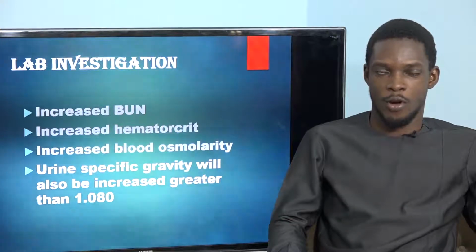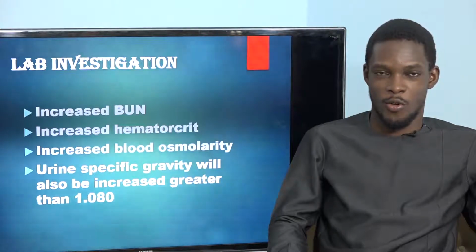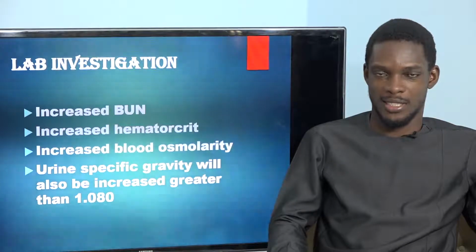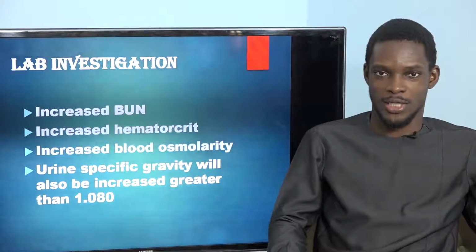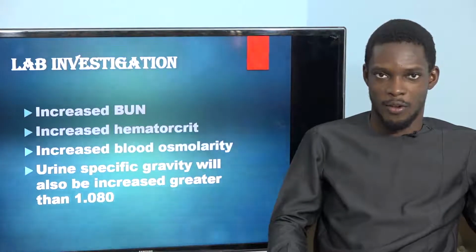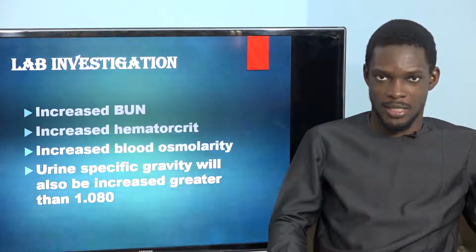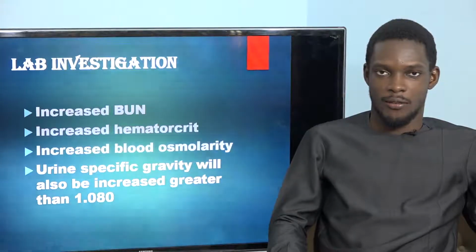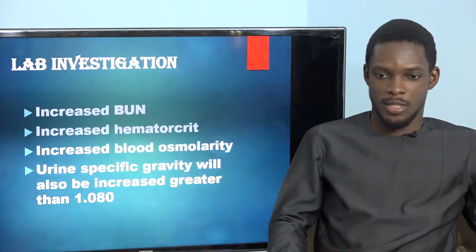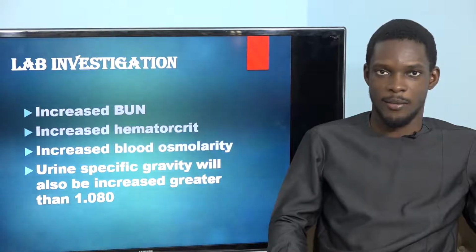When you have low amount of fluid in the bloodstream or fluid in the body, what happens is that the plasma, which is about 55%, decreases, because plasma is where most of the water is. And when the level of plasma decreases, the hematocrit level also increases, because if it is not diluted, then it is concentrated, and hence you have high amount of electrolytes within the same system.